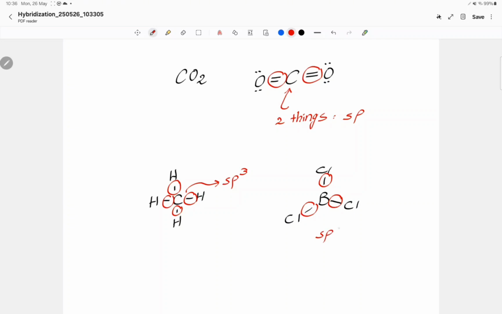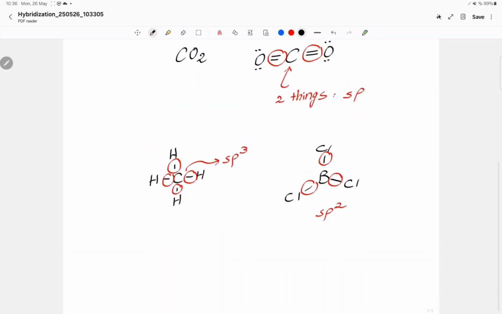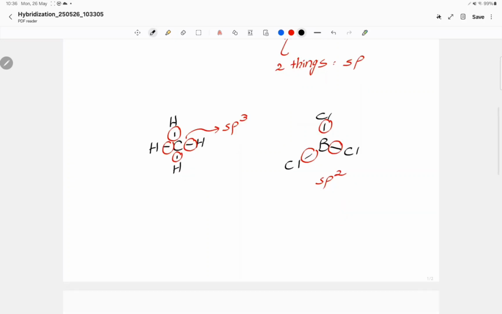That would be sp2. Let's do ammonia, NH3. Here I see four things: 1, 2, 3, and 4. That would be an sp3.